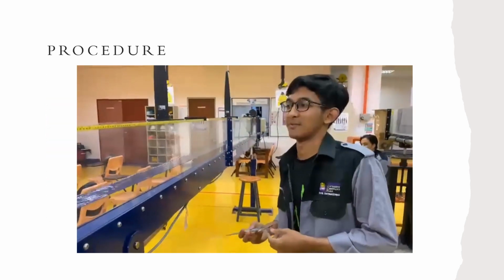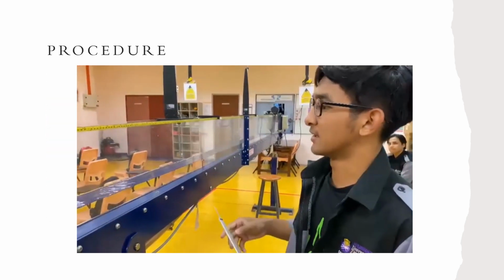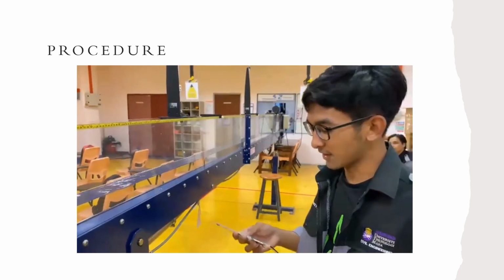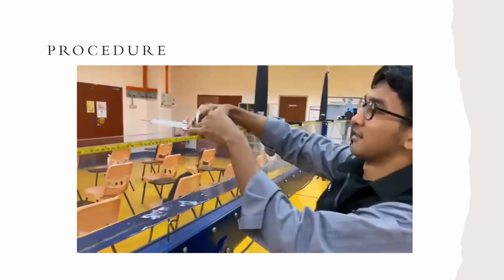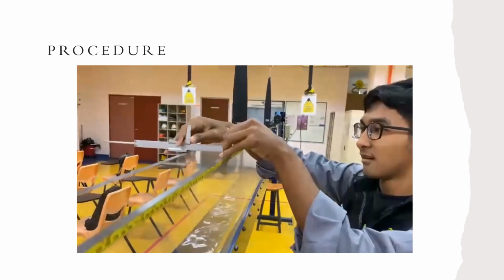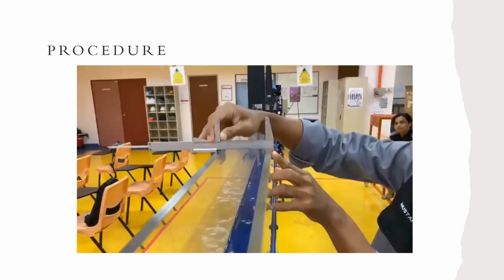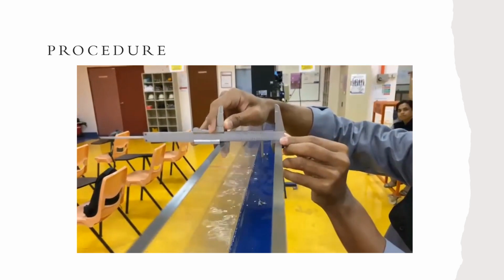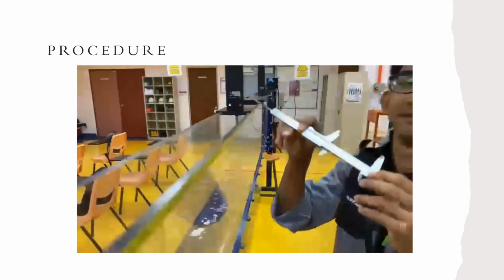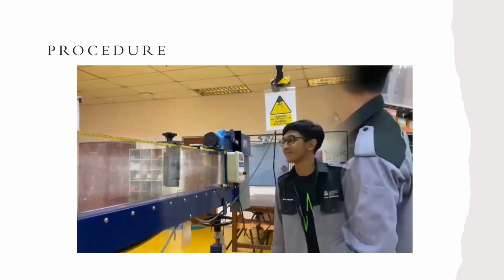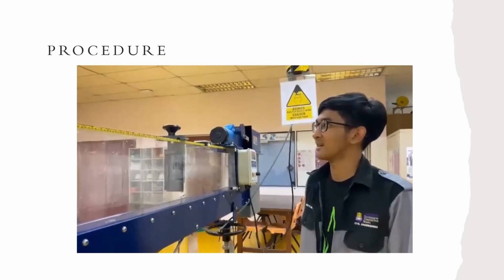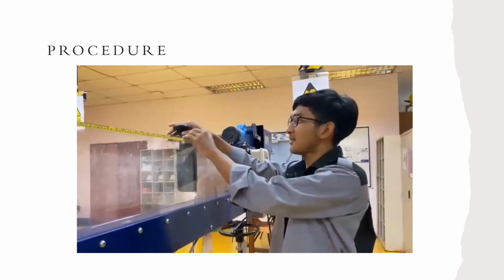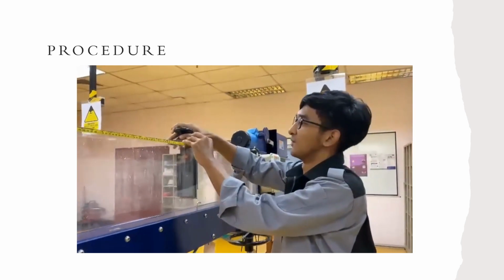Firstly, to start this experiment, we must measure the width of the channel by using the vernier caliper. Okay, firstly to start the hydraulic jump, we must set up the gate. We put it here.